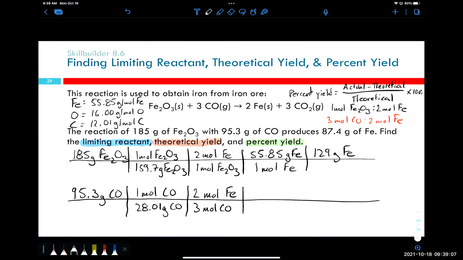And as our final step, we'll convert that moles of iron to grams of iron. We can just copy that from our previous calculation.